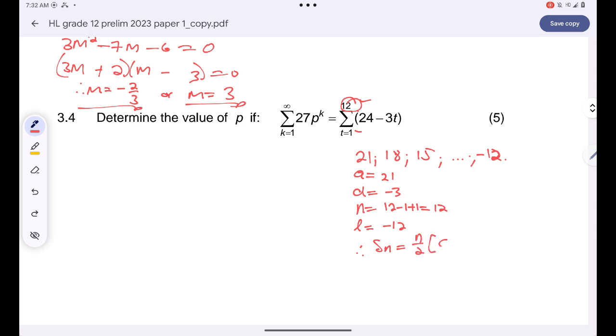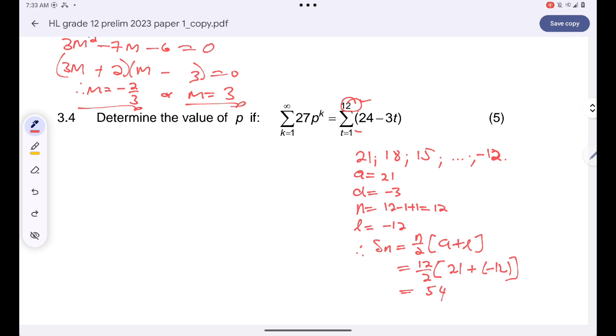Since I have the last term, I can simply say A plus L. So n is 12, the first term is 21, and the last term is negative 12. Whenever I punch my calculator, I'll have 21 minus 12 inside the bracket, and I'll end up having 54.